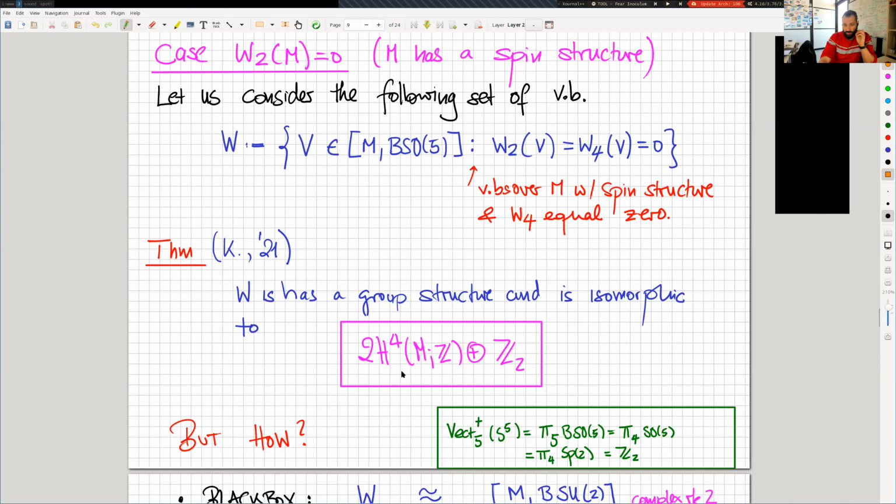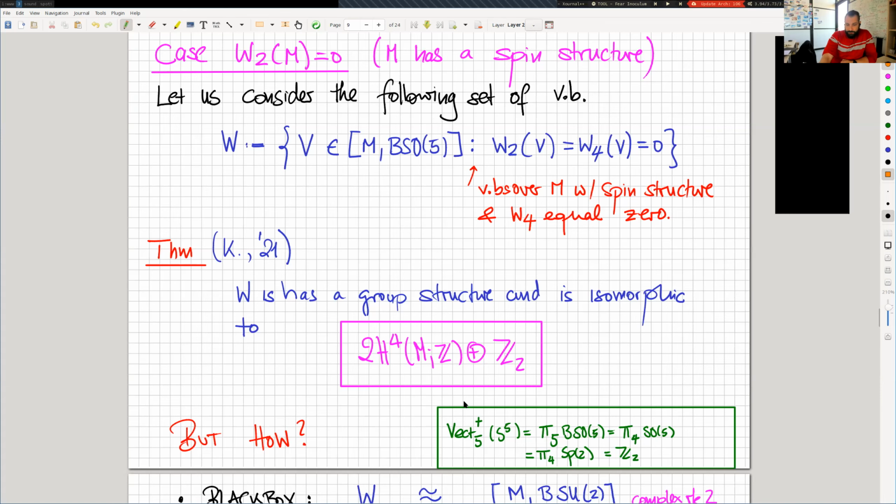As a group, it's isomorphic to 2 times the fourth cohomology group of M with coefficients in Z plus a Z2 factor. How this correspondence is made, I have to explain in the next slides. So we take only elements of the fourth cohomology group which can be divided by 2.